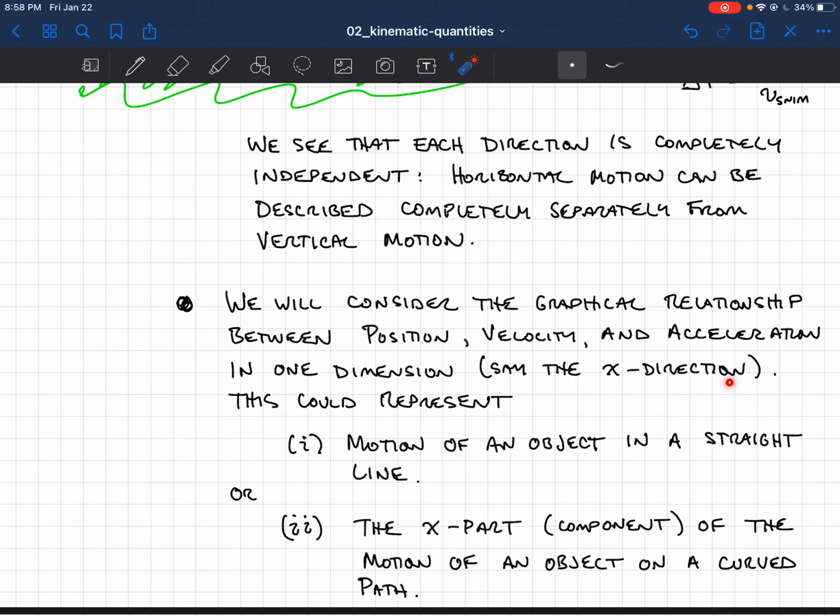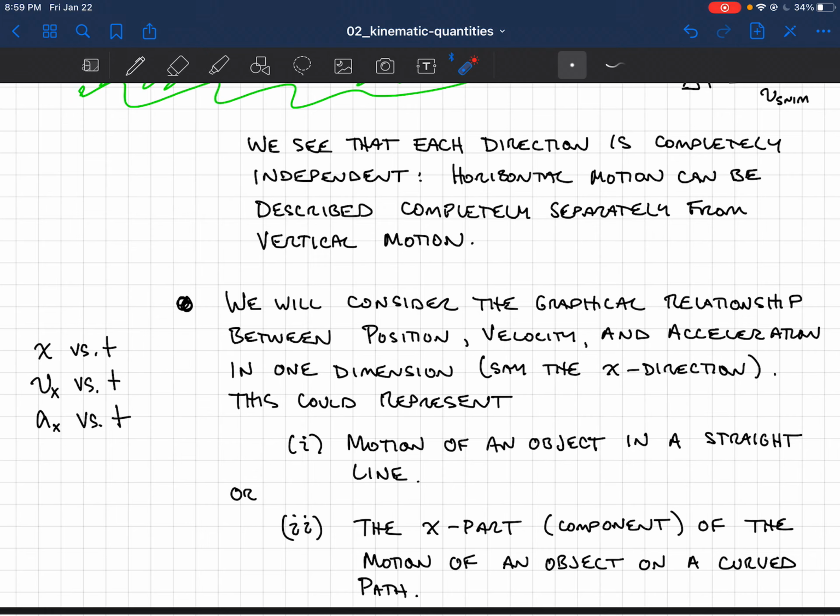And we're going to look at it in one dimension, so just like the x direction. So that will be comparing x versus time, and the velocity in that direction, so v sub x versus time, and then the acceleration in that direction, so ax versus time.